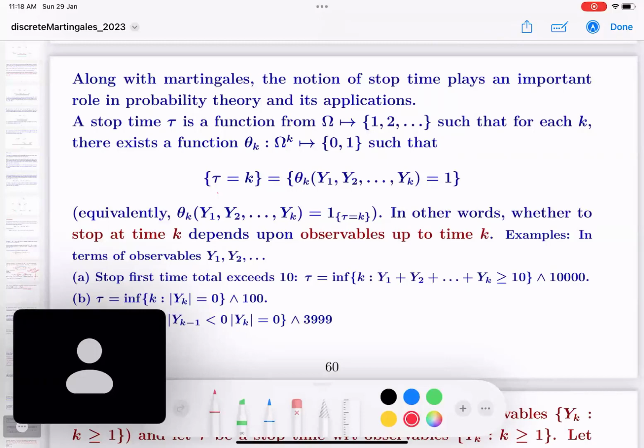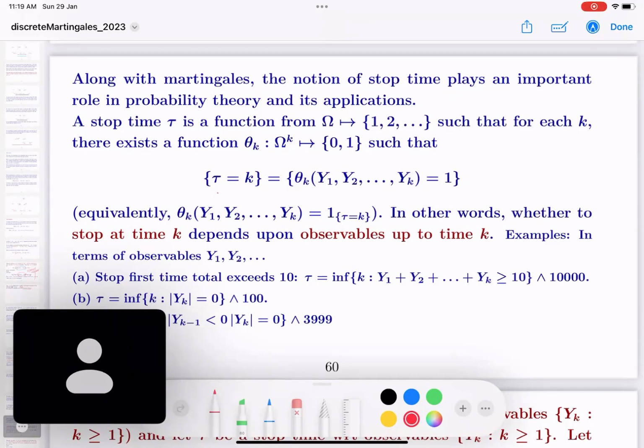The example that I talked about earlier: we will start as soon as the participant number goes above 50, or greater than or equal to 50. As soon as it touches 50, we know. So the event that we have to start would depend on y1, y2, ..., yk. If you have to start at time k, yes or no will depend on y1, y2, ..., yk.